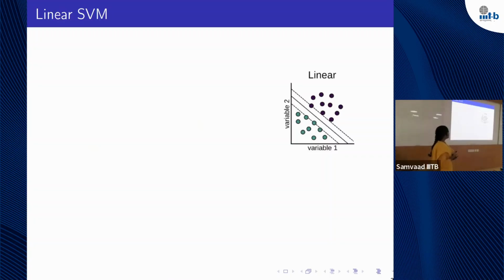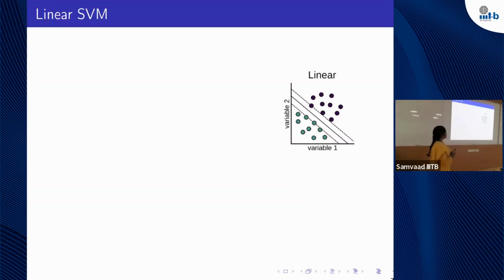When I have linearly separable data, I can model a line here or a hyperplane. Here I'm only plotting it in 2D, so this is a line. In 2D, I'll be constructing a hyperplane that separates the two classes. I'll model this line as W transpose X plus B is 0.